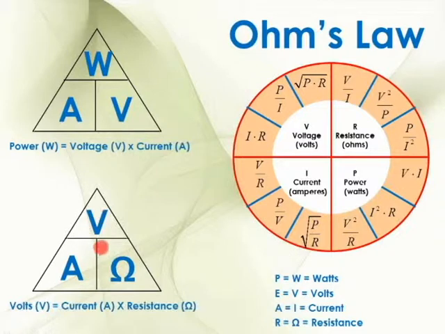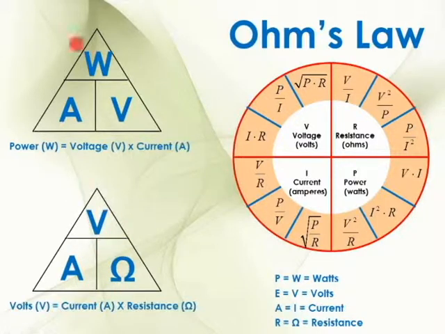And if I have ohms and volts but I don't have my amps, I can cover up amps with my hand here and then I'll see my formula, volts divided by resistance or divided by ohms. And then same thing, if I need to find out my ohms and I've got volts and amps, I can cover up the ohm symbol here and I see my formula, volts divided by amps.